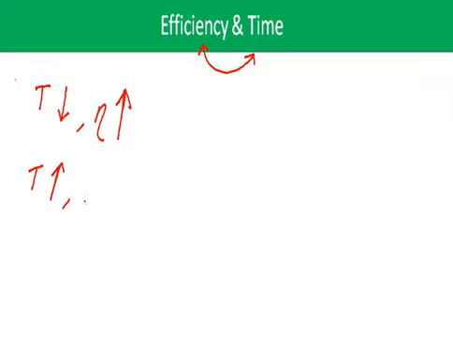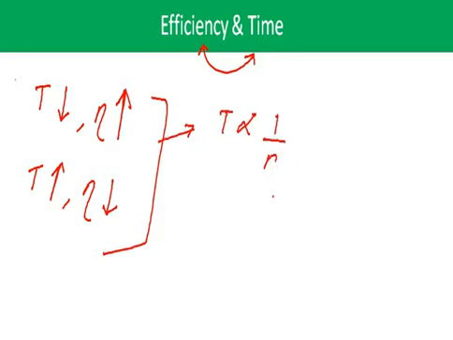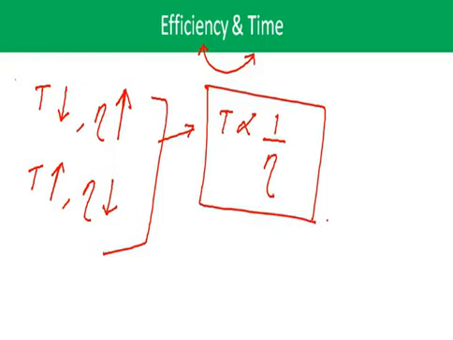What would be his efficiency? Definitely he might be having less efficiency, right? Based on these two cases, what we can understand is time is inversely proportional to efficiency. If a person is highly efficient, he'll be taking lesser amount of time, and if a person is less efficient, he'll be taking more amount of time.